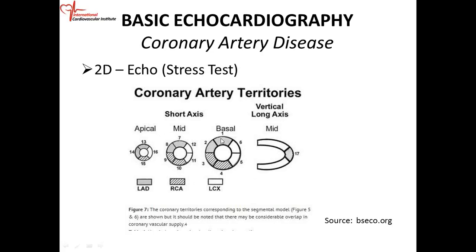So at the basal level, the anterior wall is supplied almost exclusively by the LAD, the left anterior descending coronary artery. So the anterior wall and the anterior septum. And then the inferior septum and the inferior wall are supplied almost exclusively by the right coronary artery. And then the lateral wall, the anterior lateral wall and the inferior lateral wall, by the left circumflex.